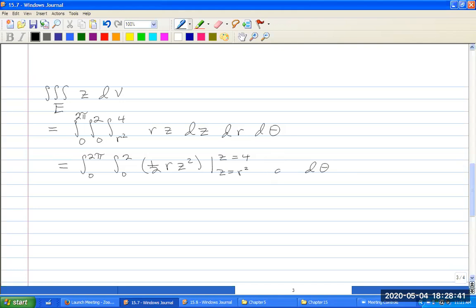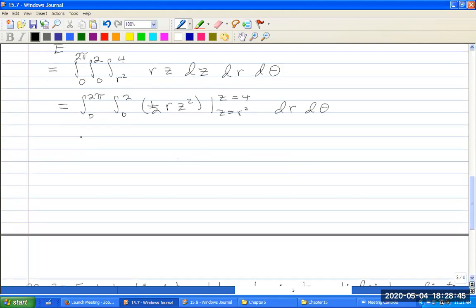And now let's evaluate that. So this is equal to integral 0 to 2 pi, 0 to 2. Plug in 4, so that will give you 16, divided by 2 is 8r, minus, plug in r squared.